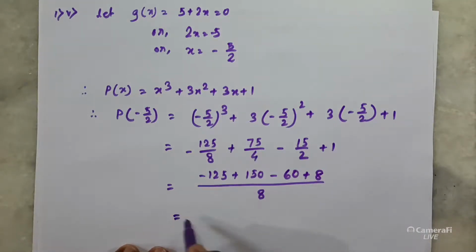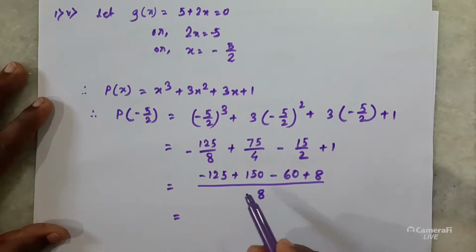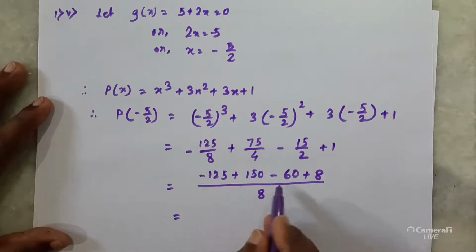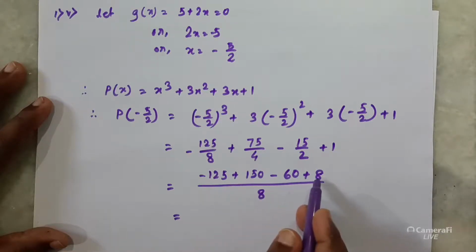So 150 minus 125 means 25, then 25 minus 60 plus 8.